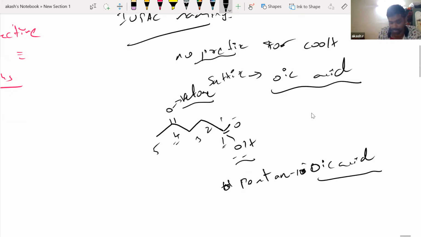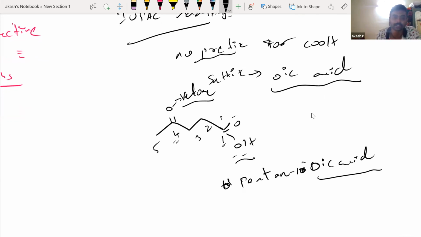And for the ketone, what is the prefix? The suffix is one, but what is the prefix? It is not alkanoyl.